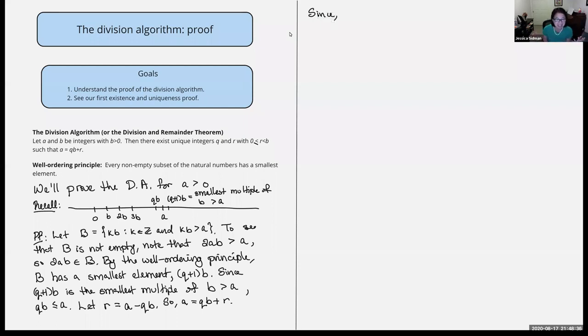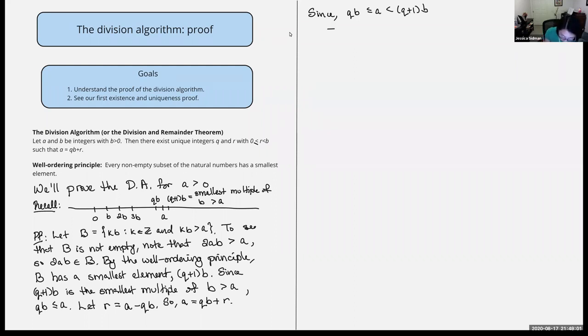Since we had that QB is less than or equal to A, and that's less than (Q+1)B, let's subtract off the QB from this.